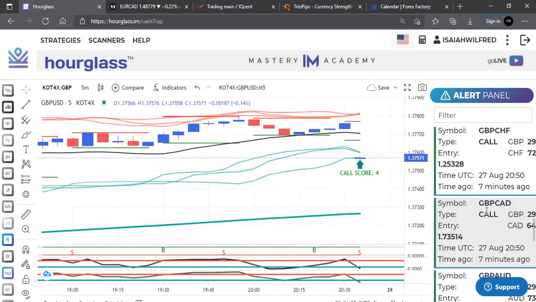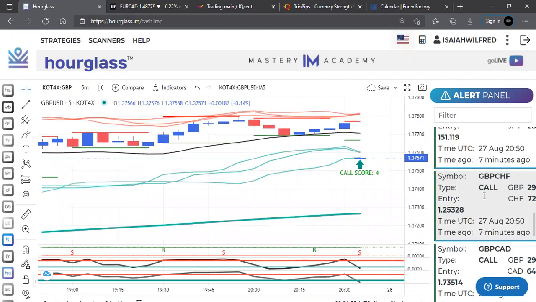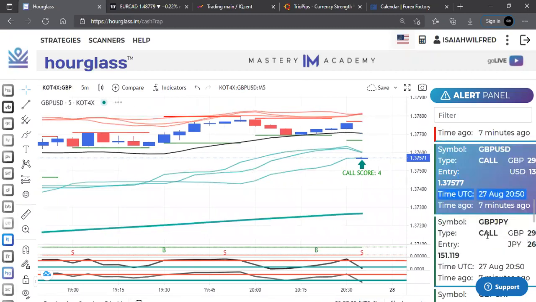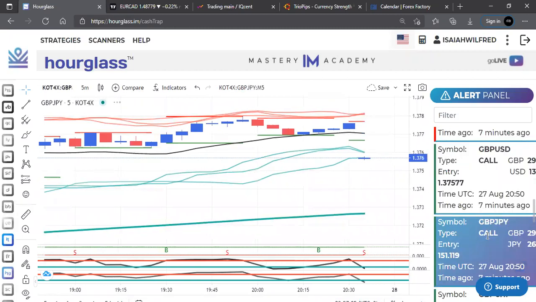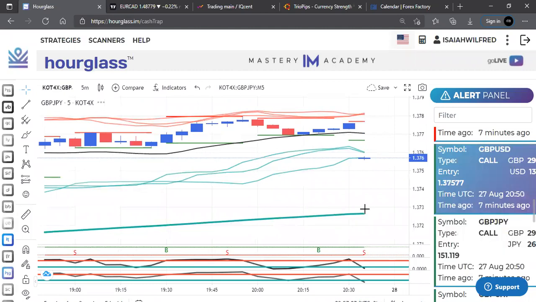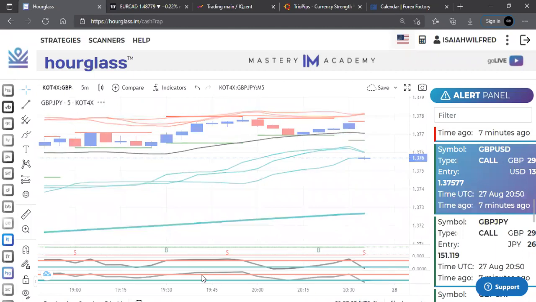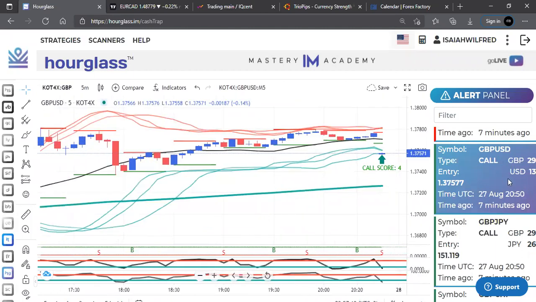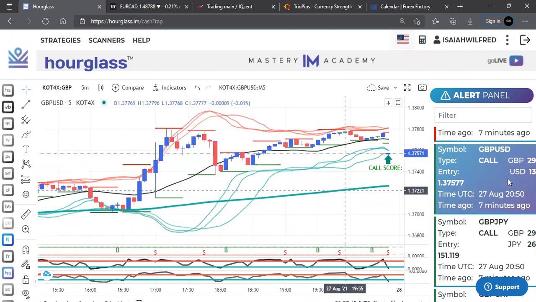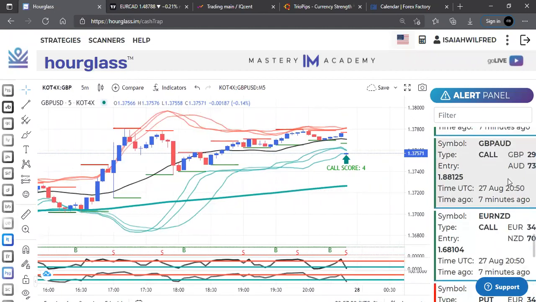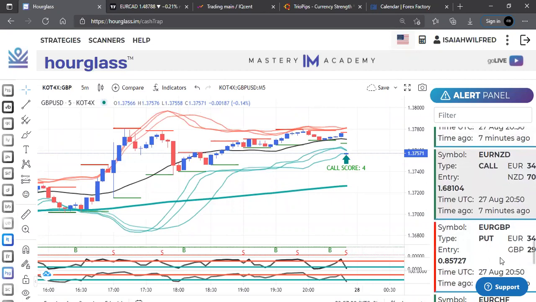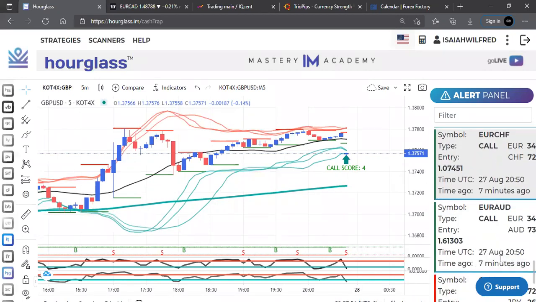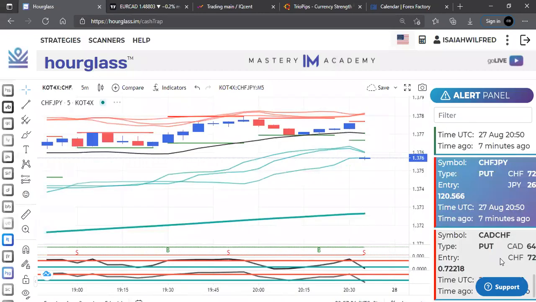Okay. GBP USD. Let me see. GJ. Why is it showing like this? See, check. I don't know why it's looking like this. I think it's because the market is about closing.